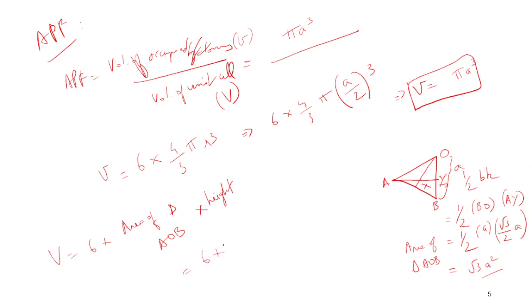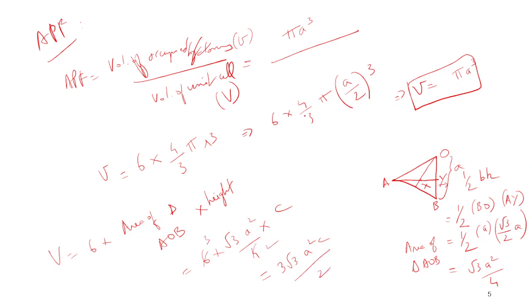So 6 into root 3 a square by 4 times the height c. So if you solve everything, your final answer will be something like this: 3 root 3 a square c by 2. All I did was this and this. That's all I did.